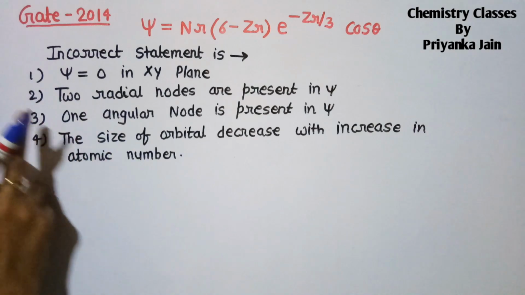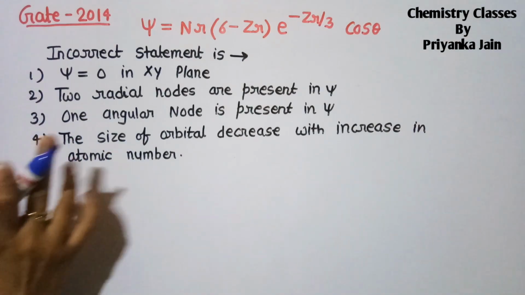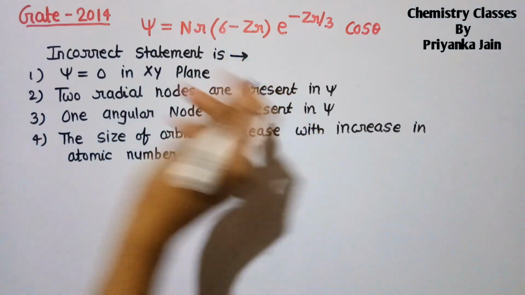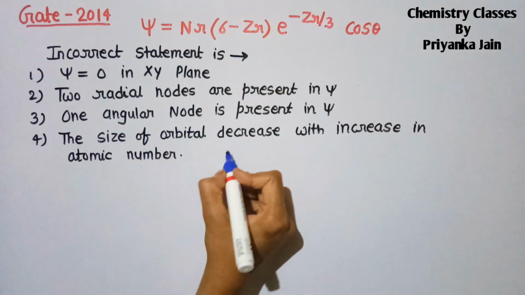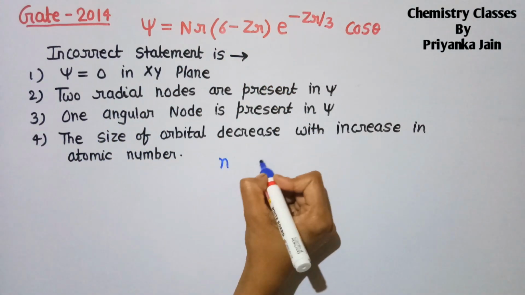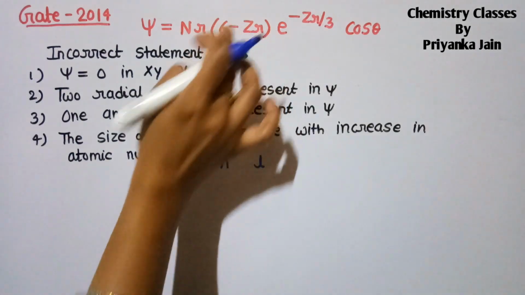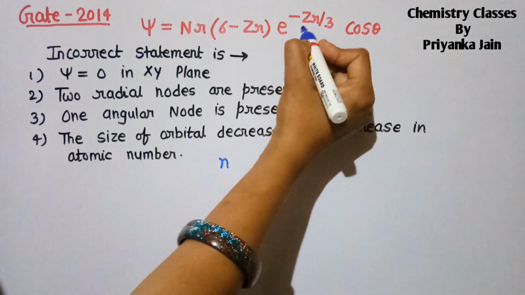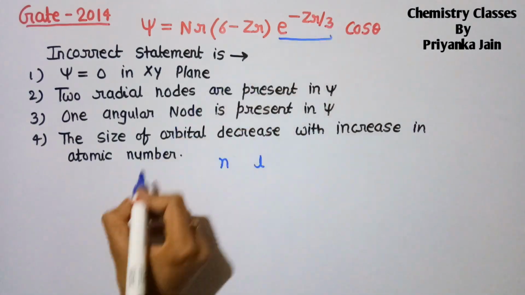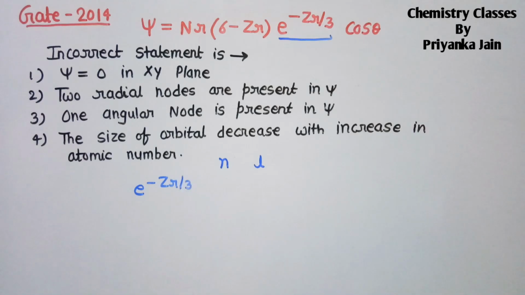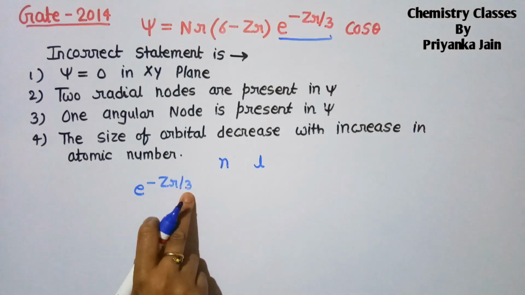So for this we will first look at these 2 options. We have to see first the number of nodes. For nodes we should know 2 things: one is the value of n and another is the value of L, and both we can find from here. Firstly, see this part, e to power minus zr upon 3. From here you can see this is 3.